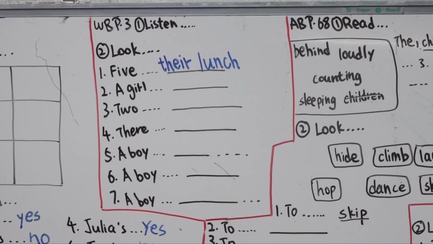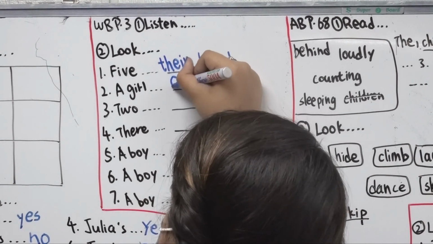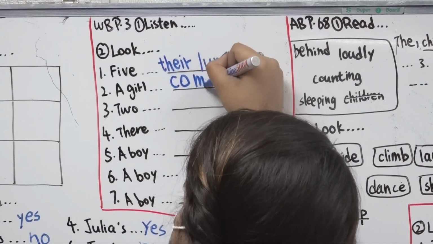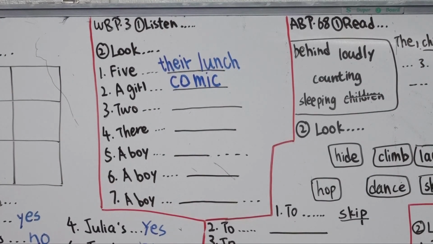And then 2. A girl is reading. What is the girl reading? A comic book. Yes. A girl is reading a comic. How to spell comic? C-O-M-I-C. Comic. Number 3. 2 girls and a boy are, what are they doing?